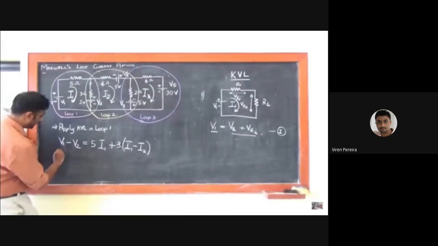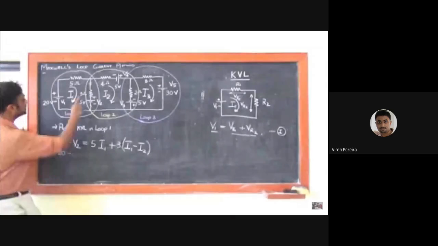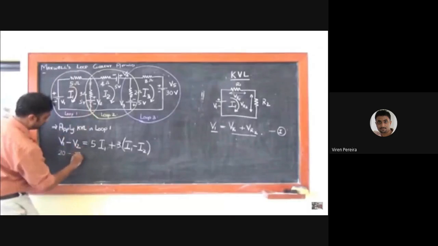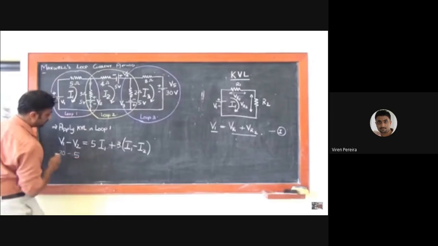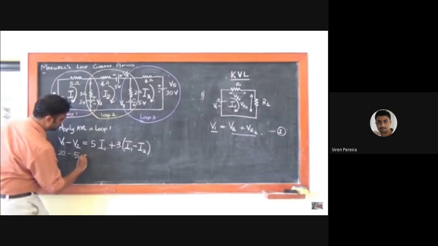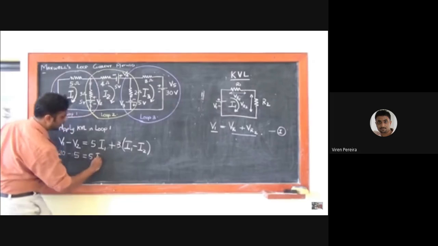First value we have is 20 minus V2, which is 5 volts, equals to 5 I1.